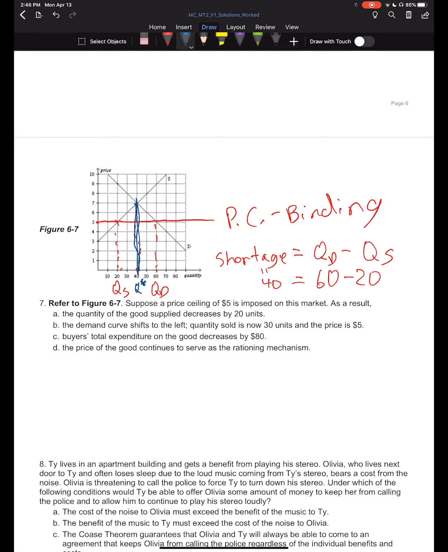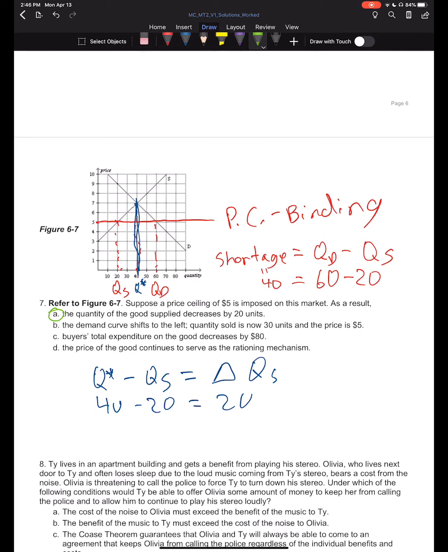If there were 40 being consumed and 40 being supplied at equilibrium, and now there are only 20 supplied, we know that Q star minus QS is the change in quantity supplied. So we just take 40 minus 20. We know that it fell by 20 units. Right? The demand curve shifts to the left. Nope, there's no shifting of the demand curve.